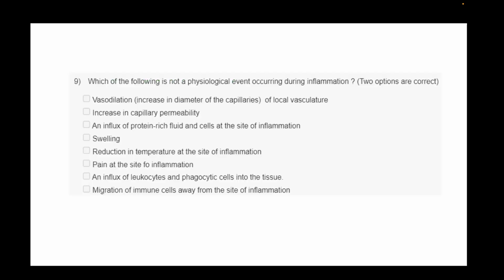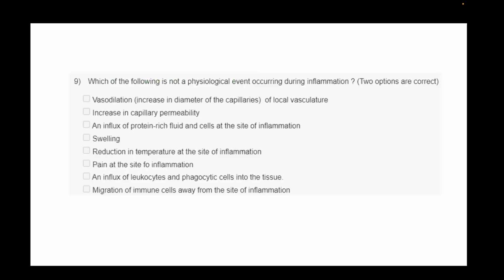So the correct option here would be, we have to select which of these are not physiological events during inflammation, and the correct option would be option 5, that is reduction in temperature at the site of inflammation. And the last option, that is migration of immune cells away from the site of inflammation.